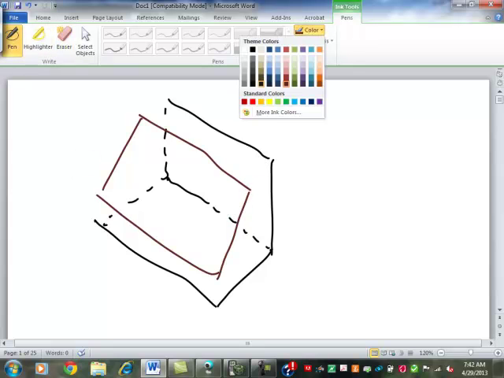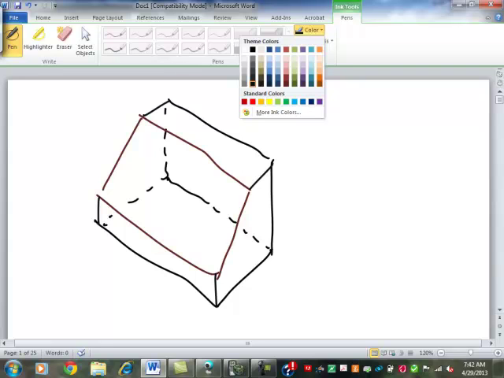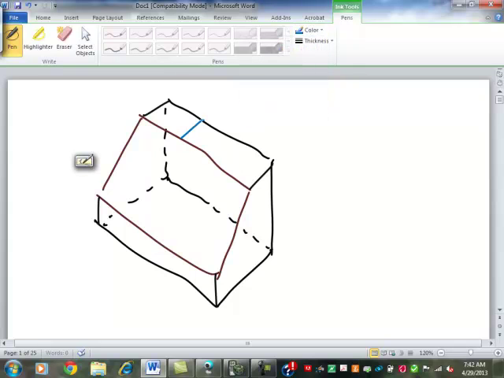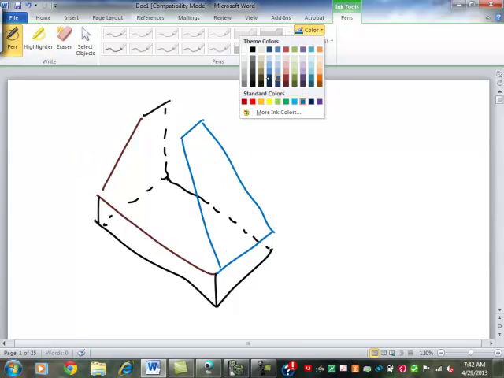So we're milling one of the edges off at an angle. But then we're going to come back and mill a second edge off at an angle. Like that.